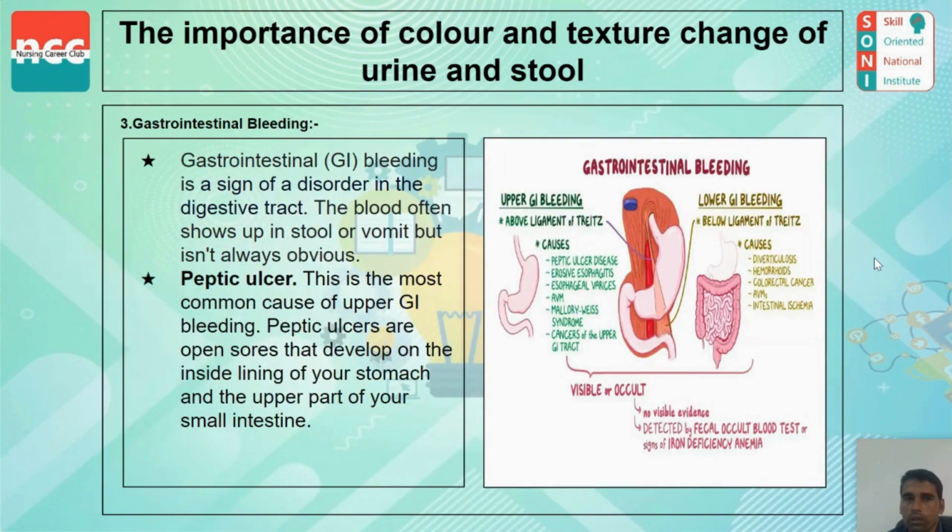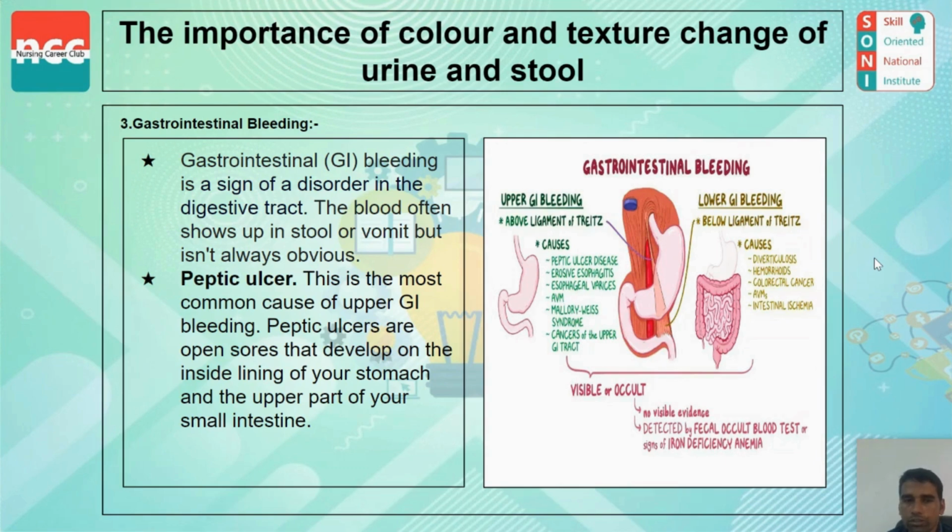Now we will talk about the importance of color and texture change of urine and stool. Gastrointestinal bleeding. Gastrointestinal bleeding is a sign of a disorder in the digestive tract.